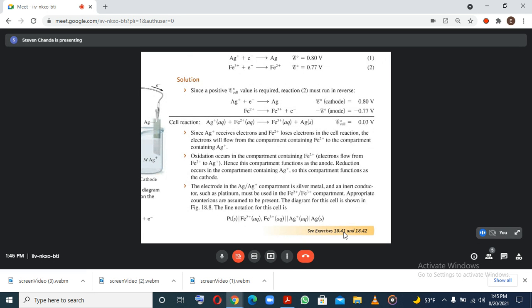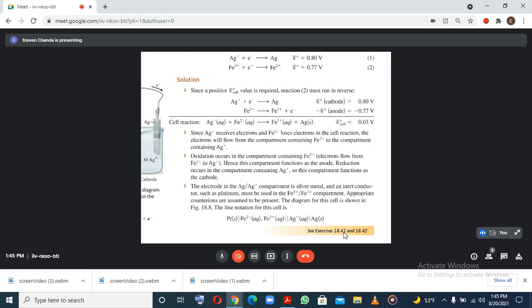Then there you see the one that's being oxidized, then the resultant of the oxidation. Then you have the salt bridge or porous disc represented by those two lines. Then you've got the silver ion that's separated by a single line from the solid phase, right?